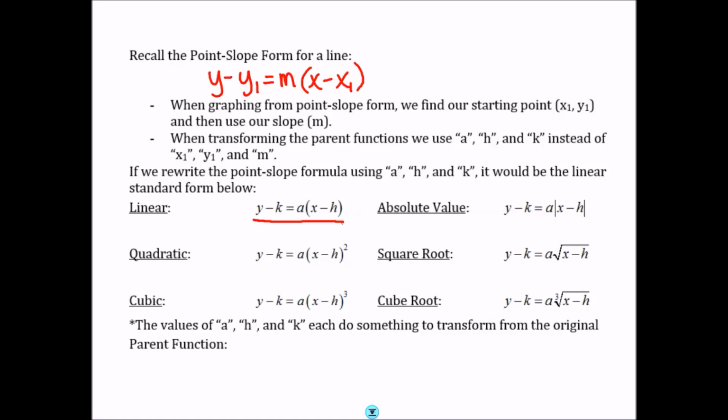A, h, and k each do something to transform the original parent function. A will stretch the function, or stretch the graph. And if a is negative, it will flip the graph upside down.